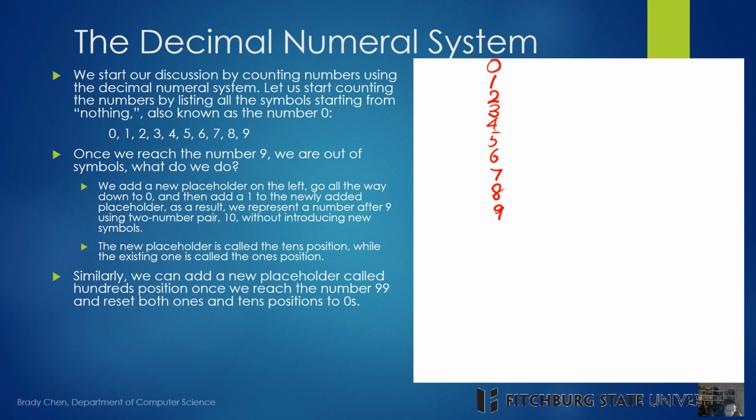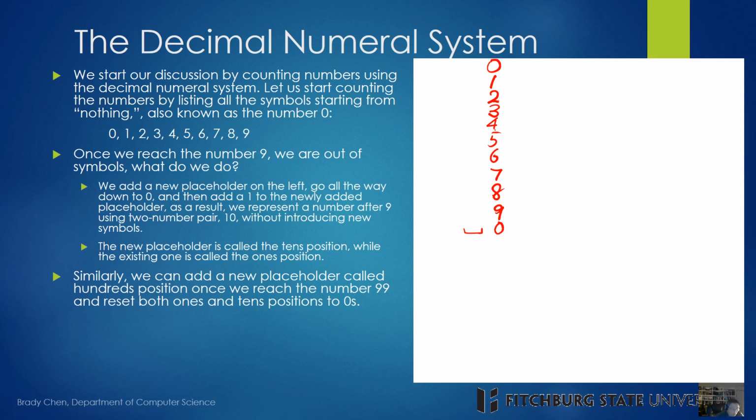Now we know that the decimal numeral system uses 10 symbols. Here we have run out of symbols. In order to count 1 more, one way we could do it is to add another symbol. But we are not going to do this. What we're going to do is add a new placeholder on the left and reset the value to 0.